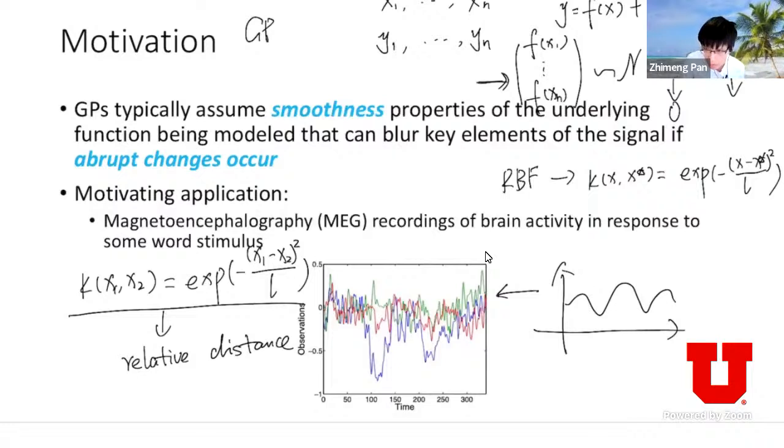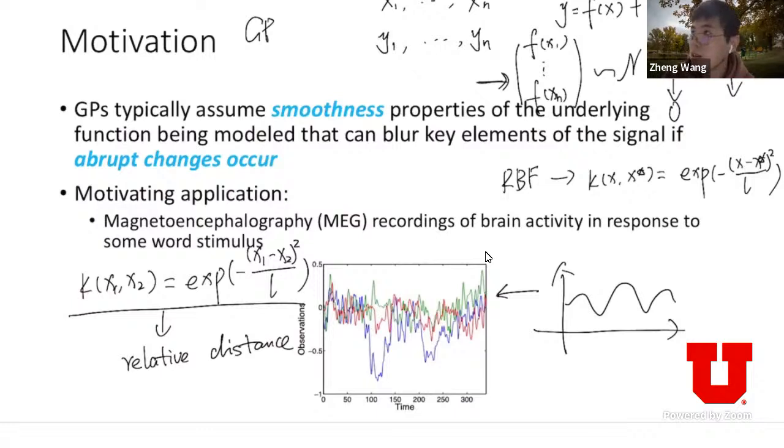Is that the idea? Maybe for further word stimuli, they may first split them into different categories, like buildings, animals. For each kind of word stimulus, they want to know how the brain reacts to them.